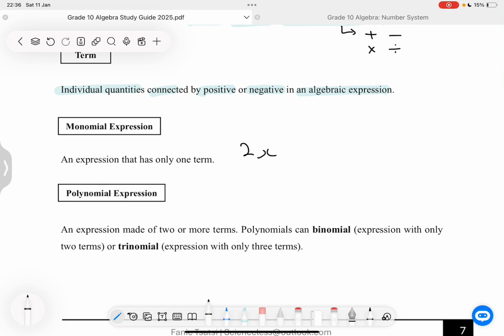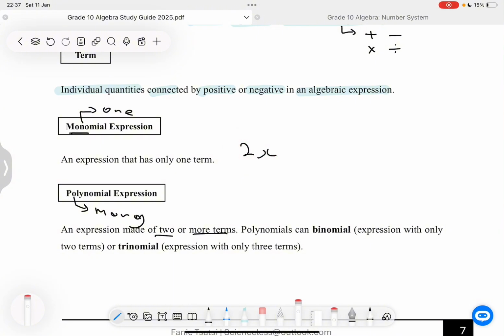A polynomial is an expression made up of two or more terms. When we have an expression that has two or more terms, we call that a polynomial. The word polynomial means many, that's why we have two or more. And the word monomial means one. That's why we only had one term.